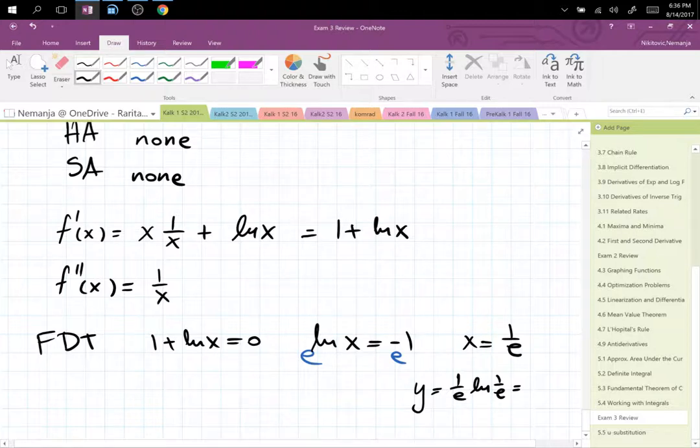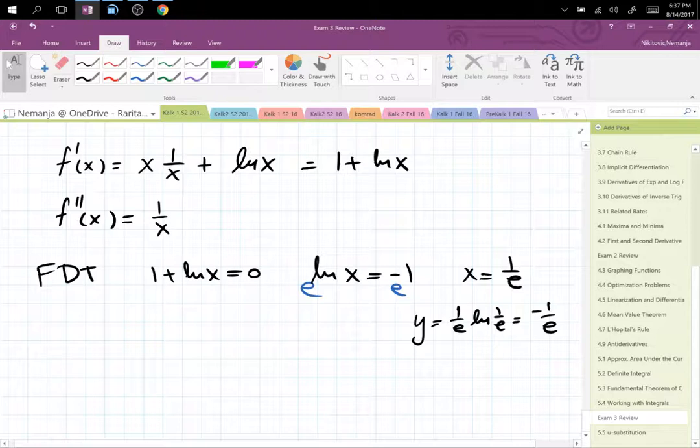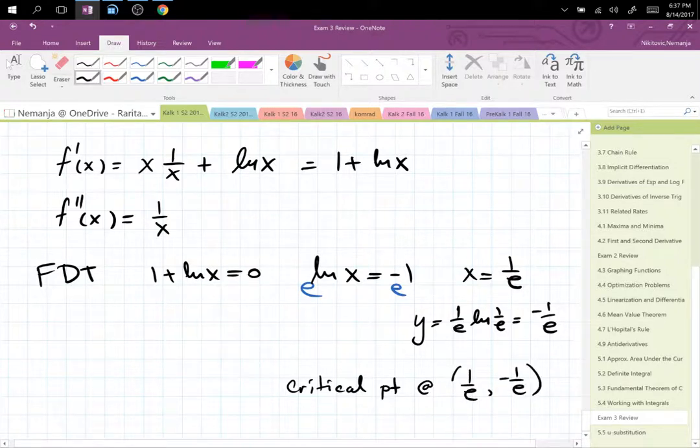So that's negative 1, so minus 1 over e. So we have a critical point at (1 over e, negative 1 over e). So that's the critical point.